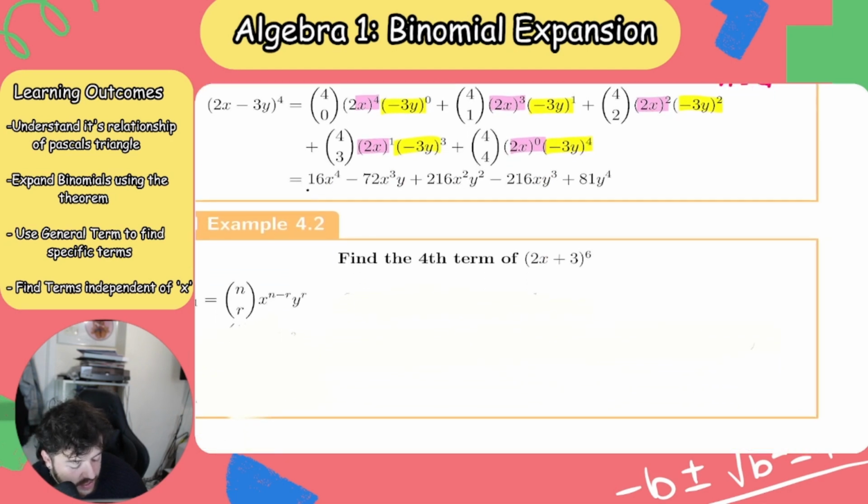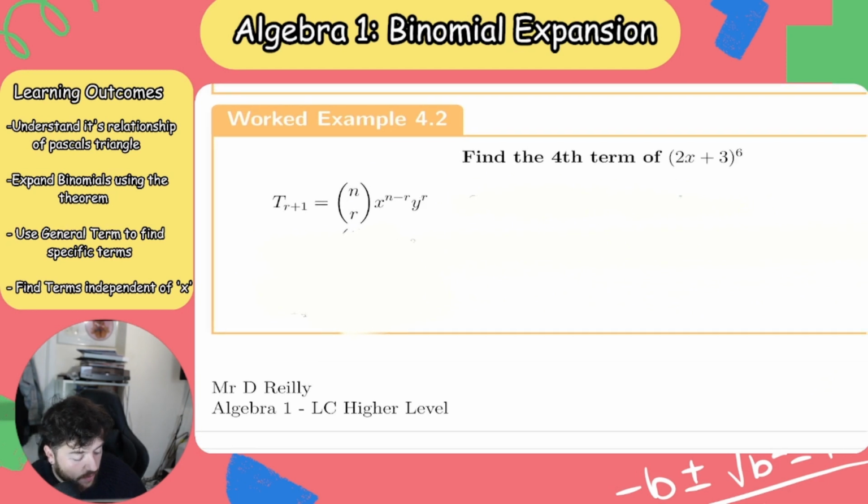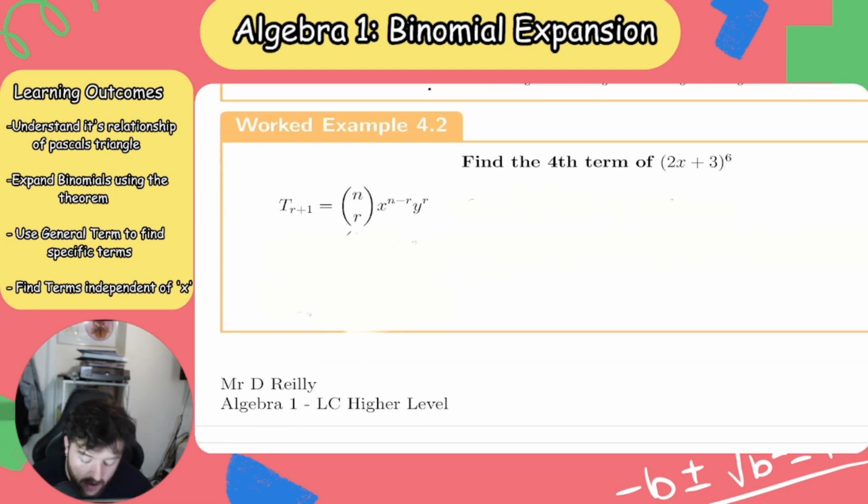Right, so we'll do an example now. In this case, find the fourth term of (2x plus 3) to the power of 6. So first of all, n is equal to 6. And remember, r is always going to be one less than the term we're looking for. I'm looking for the fourth term, therefore r is going to equal 3.